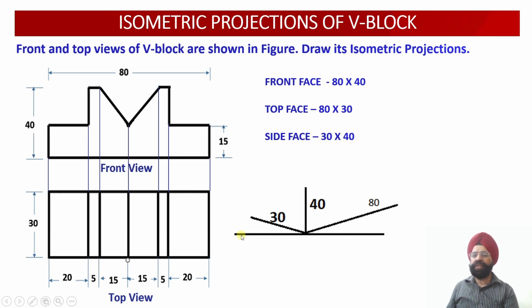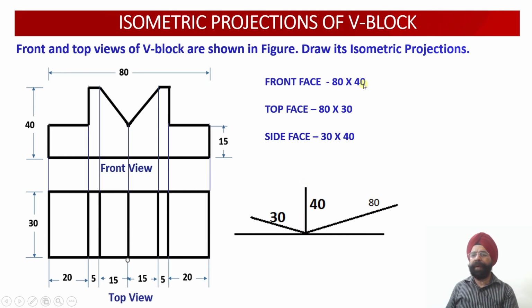So this is how we have planned to show all these rectangular faces onto the isometric projection. Along the x-axis the side view will be shown, and the side view, as we have already discussed, is 30 millimeter by 40 millimeter. So the width of the side view should be 30 millimeter, and the height of the side view should be 40 millimeter. Similarly, the front view length of the solid should be 80 millimeter, and the height of the solid should be 40 millimeter.